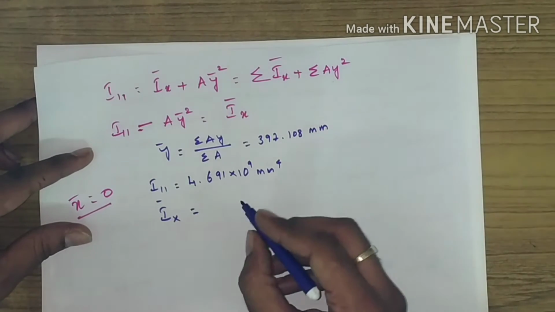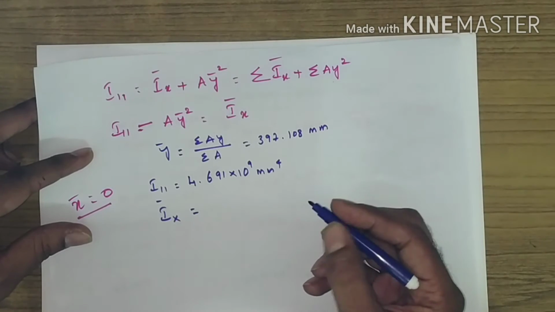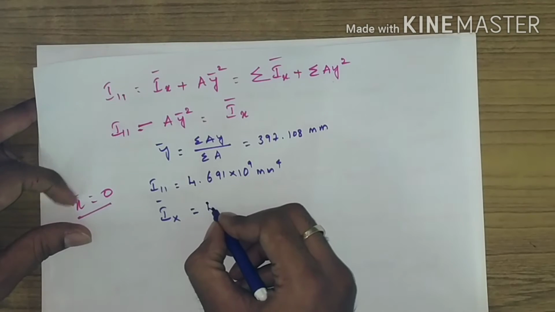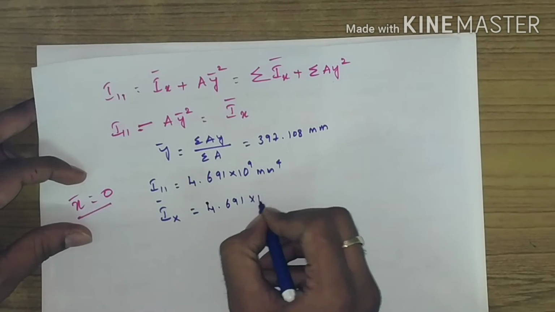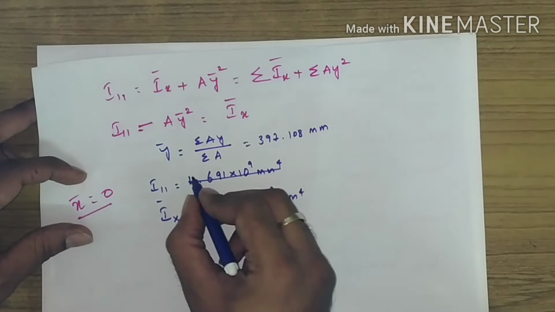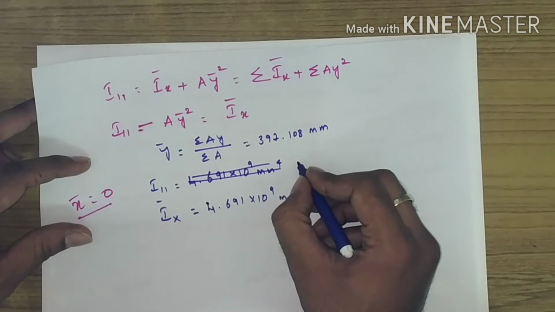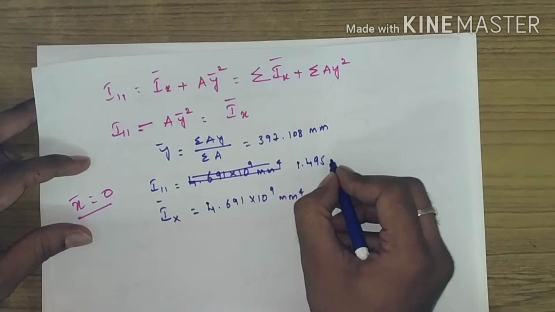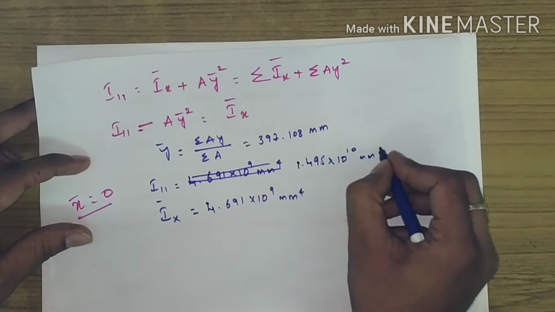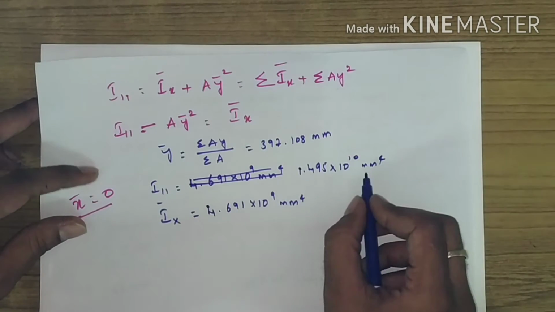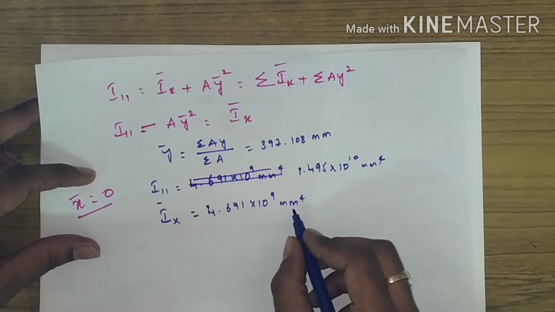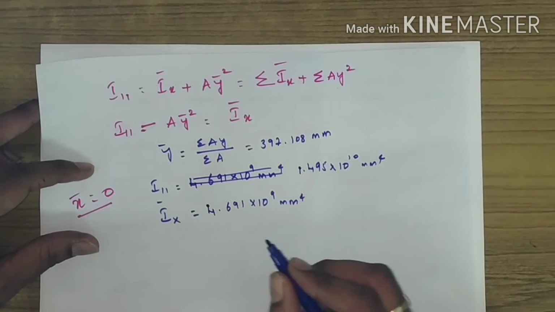Now if you substitute all the values, you will get I x bar to be 4.691 into 10 power 9. Sorry, there is a small correction here. This I11 value is 1.495 into 10 power 10. So I11 is that, and I x bar is 4.691 into 10 power 9 millimeter to the power of 4.